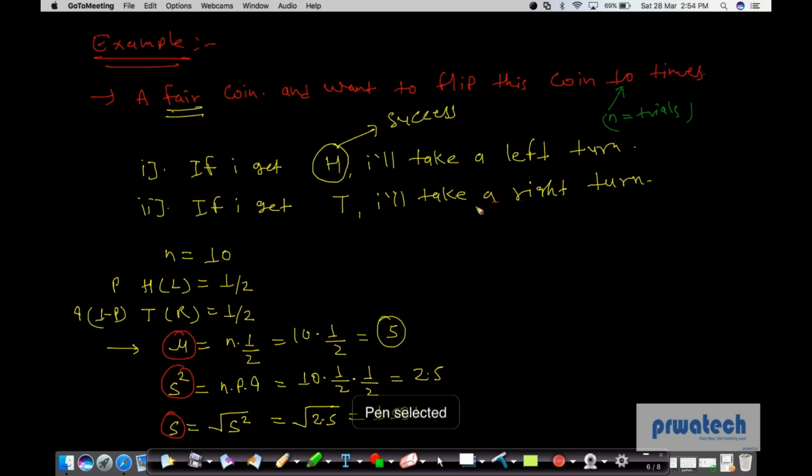So I get total, first time tail, head, head, tail, tail, head, tail, tail, tail, and one more time, let's say head.